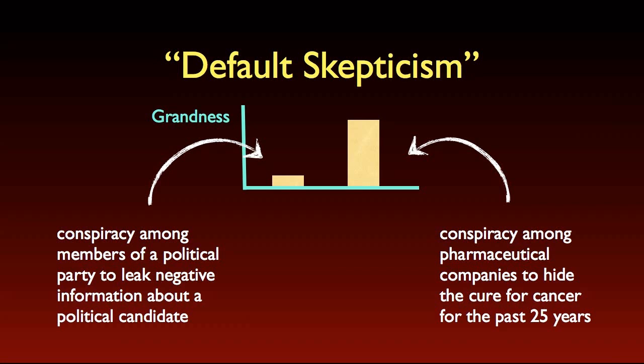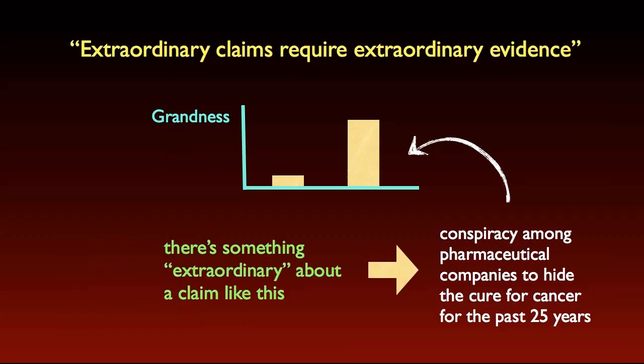In some ways, you can view this stance as a particular instance of a slogan that Carl Sagan popularized: extraordinary claims require extraordinary evidence. Default skepticism about conspiracy hypotheses is motivated by the belief that there's something extraordinary about these hypotheses that scales with the grandness of the conspiracy.